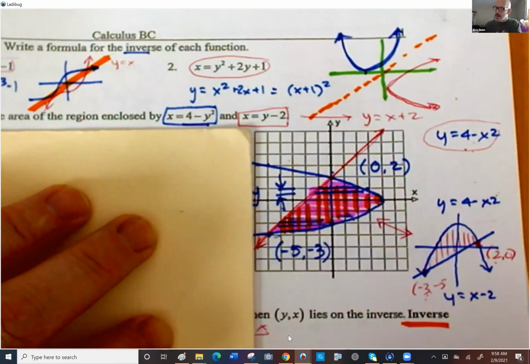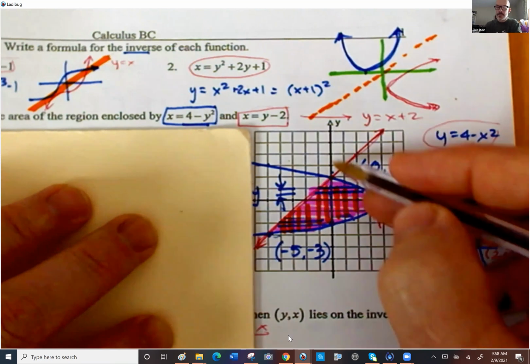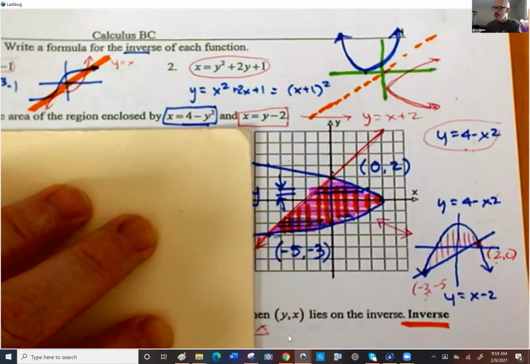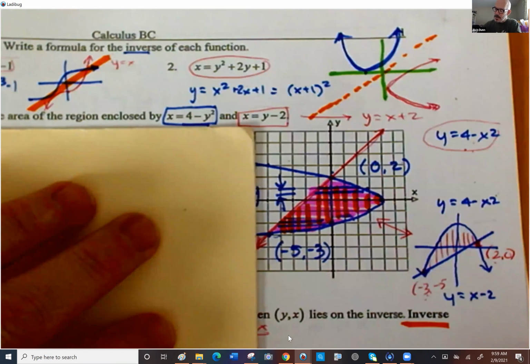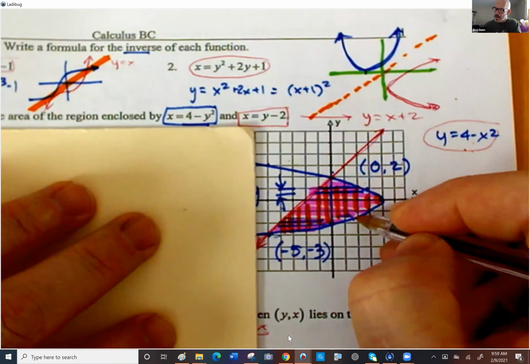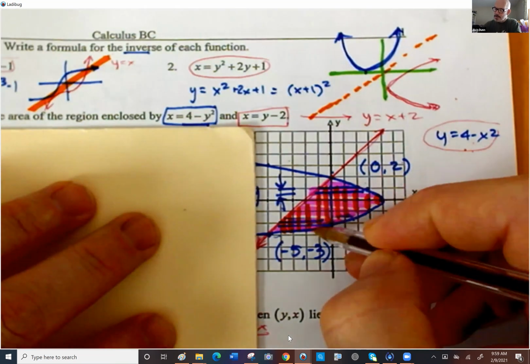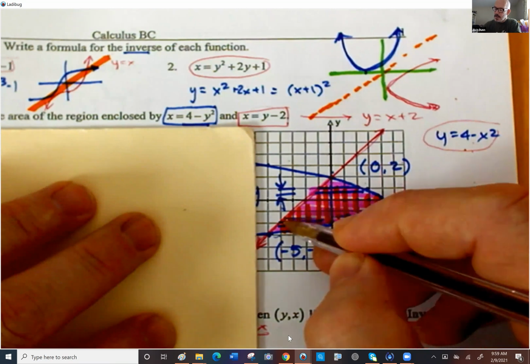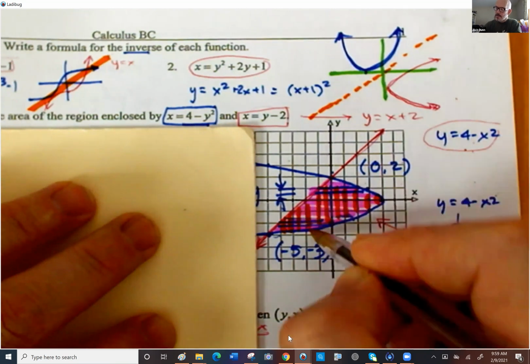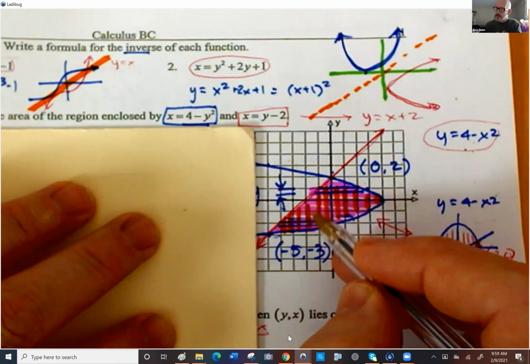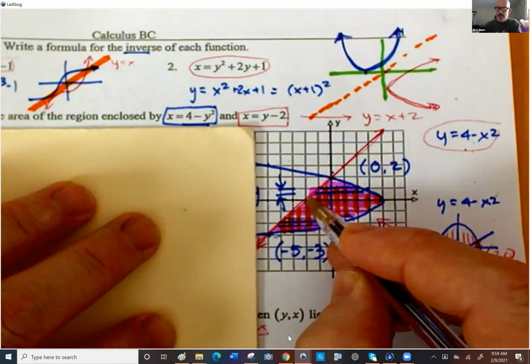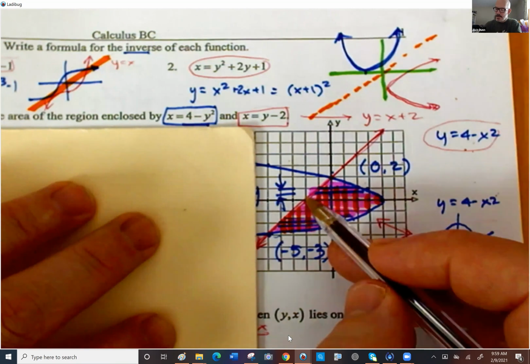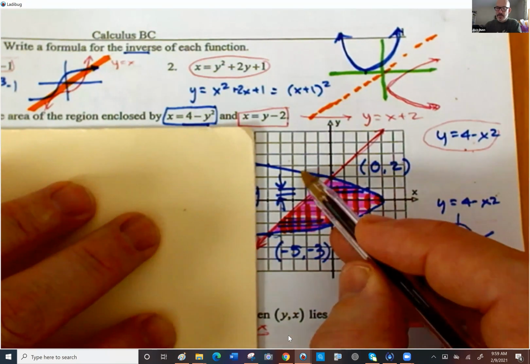Okay, so now we need to calculate the area between these two curves. And as you recall from yesterday, we look at the top and then subtract the bottom, top minus bottom. In this region over here, you can clearly see that the line is above the parabola, and we have a top minus bottom, except it could be a little bit confusing here because in this region, the parabola is also above the line.